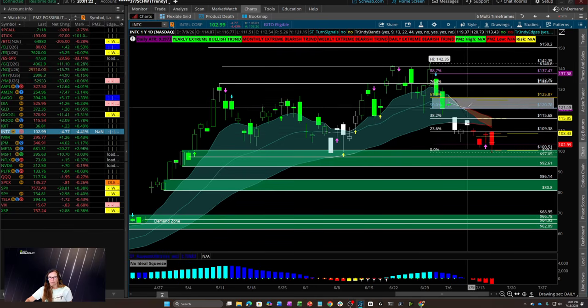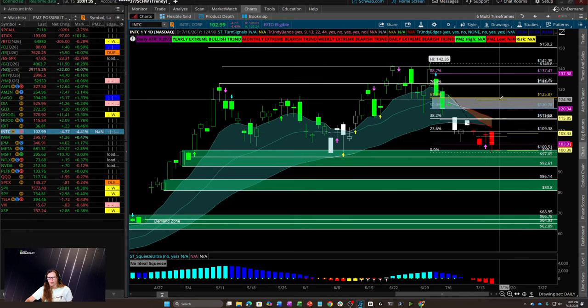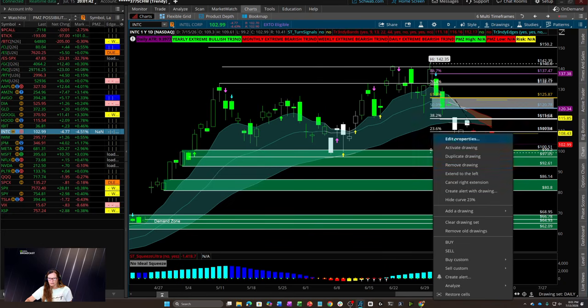The 50 and the 618, right? Okay. Now, but I can also use the 38.2 as a target. And if you want another target on the way to this zone, use your 23.6.